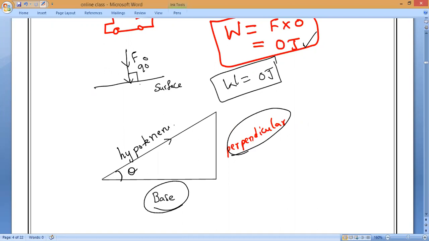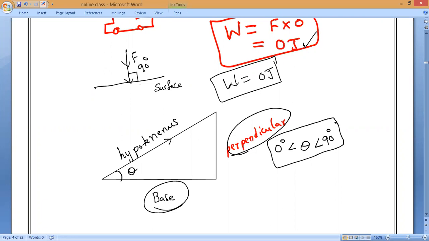So if you want to see displacement in the body, we must apply the force either parallel to the surface or obliquely, and that angle theta should vary from where to where? Between 0 degrees and 90 degrees.